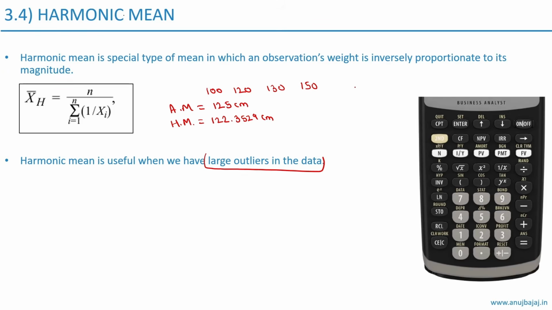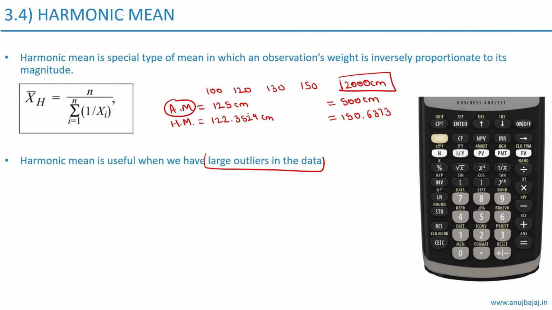Now let us say we have a 5th student whose height is 2000 cm hypothetically. Now the arithmetic mean will be 500 cm. Now let us calculate the harmonic mean, and we will get the harmonic mean to be 150.6373.